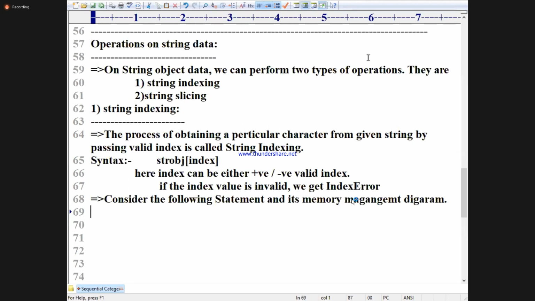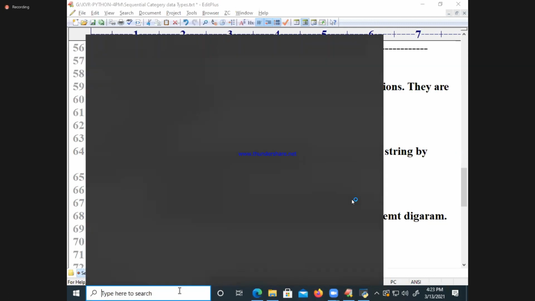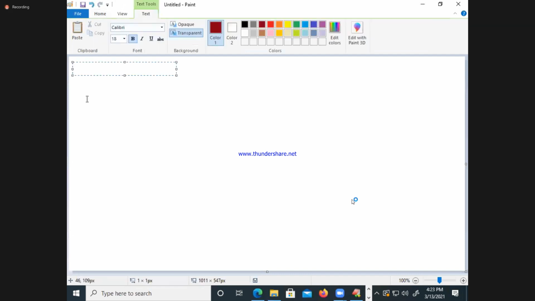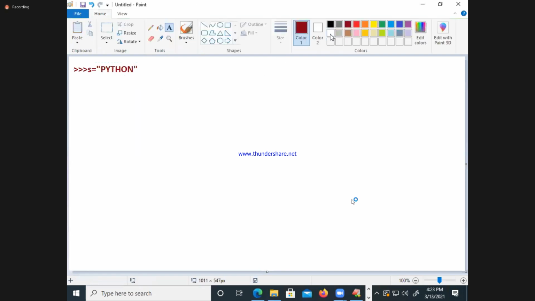Now I will take one small paintbrush, like yesterday's example. Write down: S is equal to Python. Under that, I would like to take one diagram here.